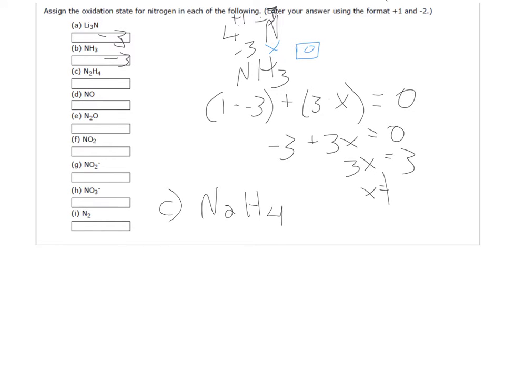N2H2. Same gig here. Nitrogen is more electronegative than hydrogen. So nitrogen would take a negative oxidation state. In this particular case, and this is kind of a weird one, you might think, oh, it's always a -3.